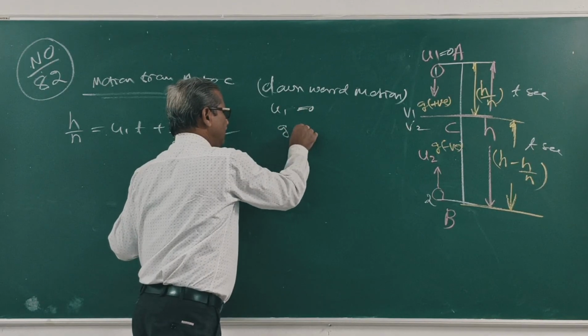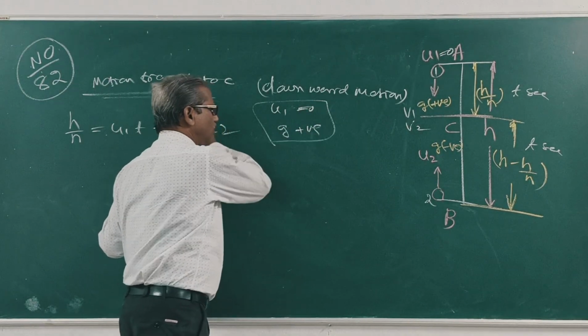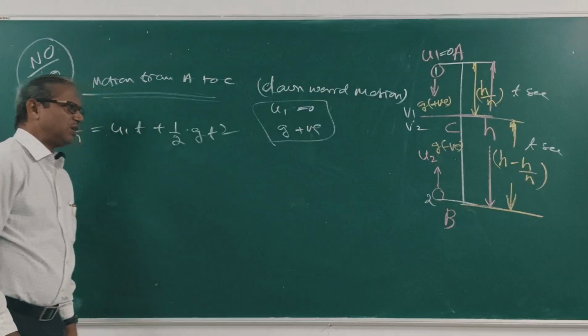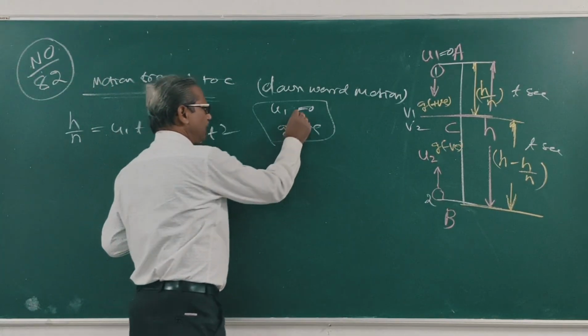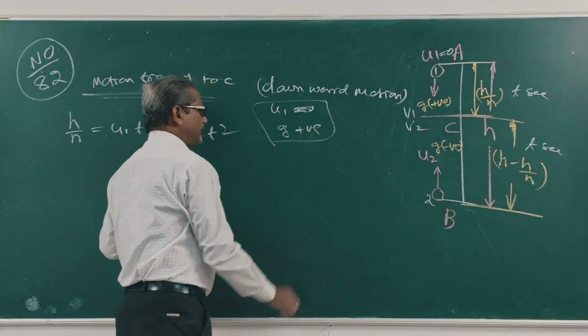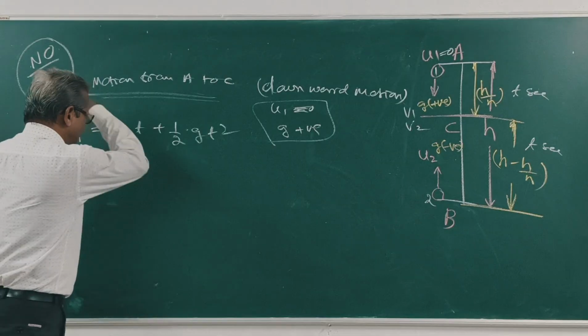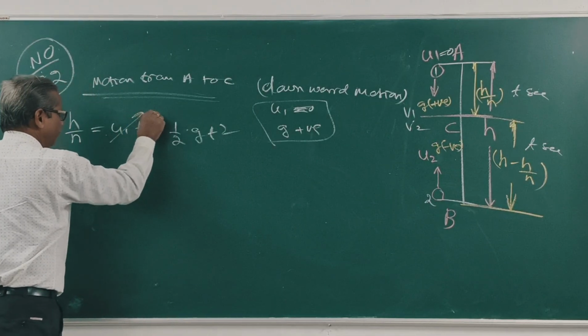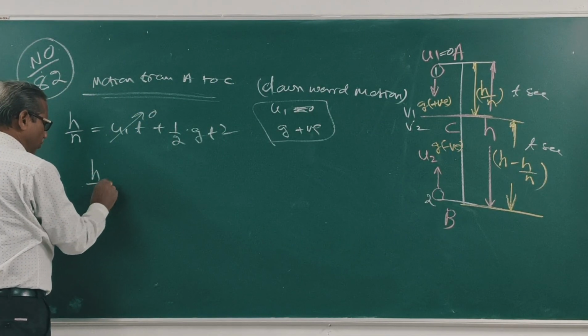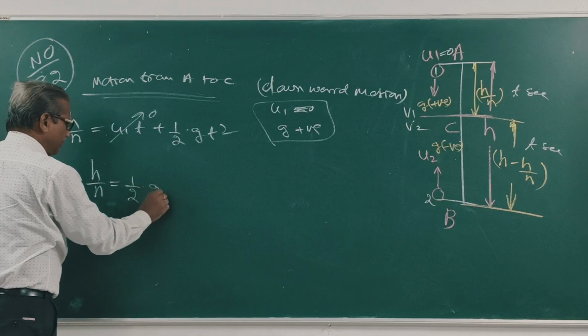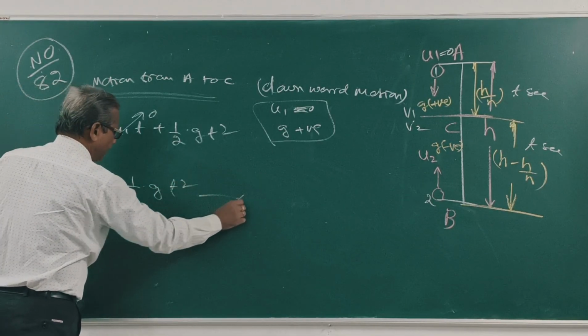G is positive for downward motion. So what is h1 equal to? Half g into t square. Equation 1.